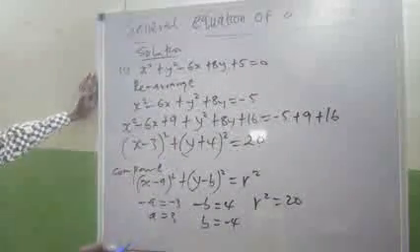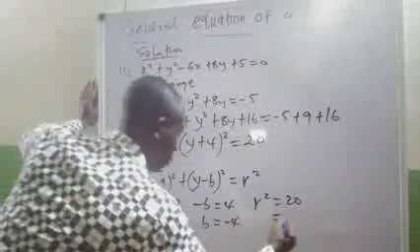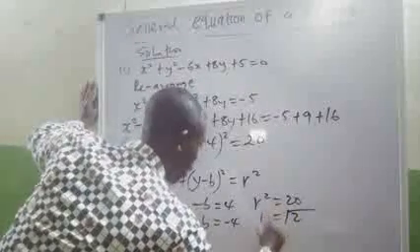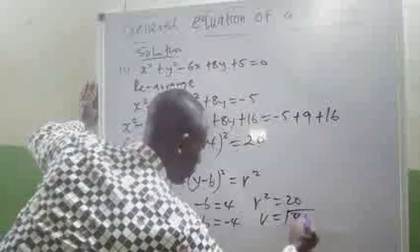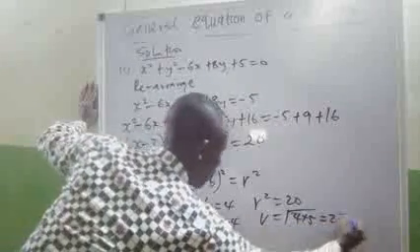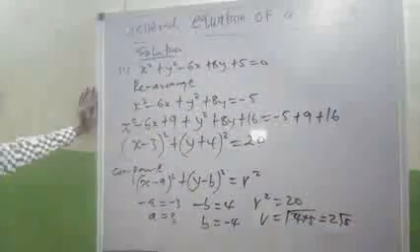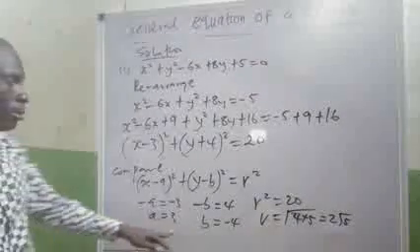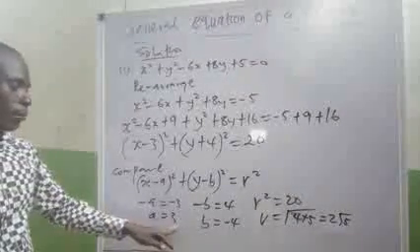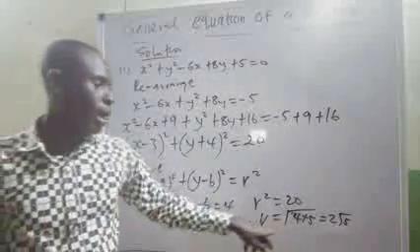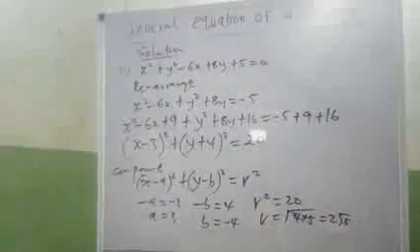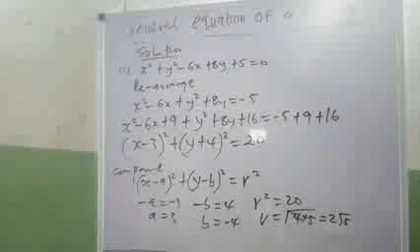So if you take the square root of 20, r will be equals to the square root of 20, which is 4 times 5. So that will be 2 root 5. So we have our a to be equals to 3, b is equals to minus 4, and r is equals to what? Is equals to 2 root 5.